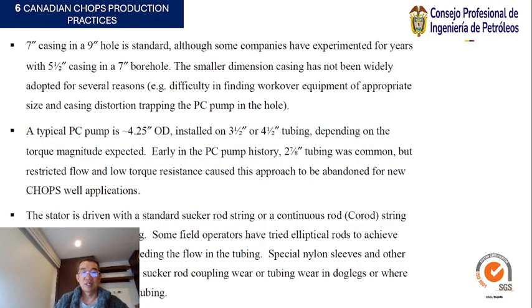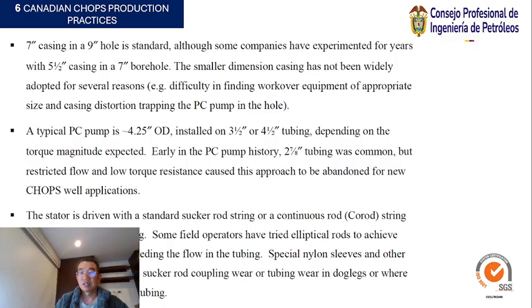The stator is driven with a standard sucker rod string or continuous rod string operating within the tubing. Some field operators have tried elliptical rod to achieve higher torque without impeding the flow in the tubing.